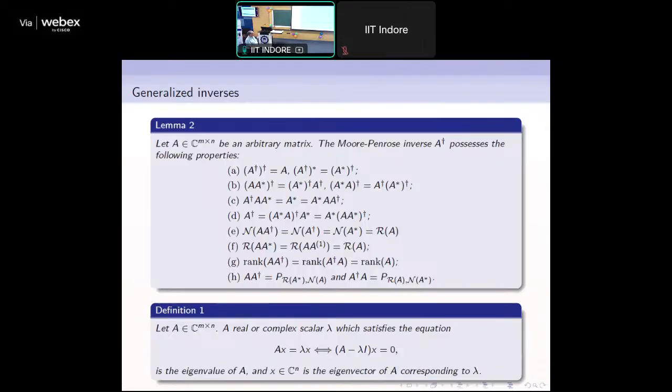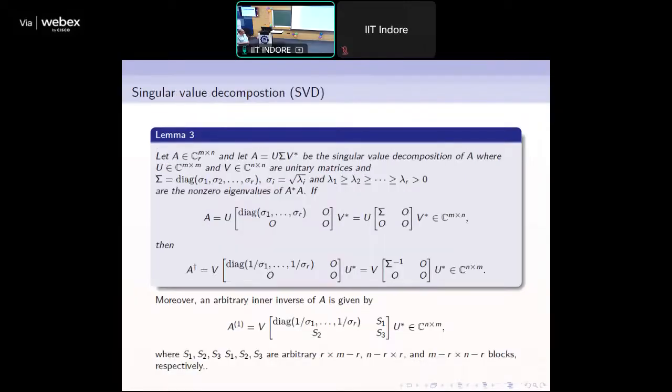Eigenvalues and eigenvectors are defined by these equations. About this, Professor Sapik will say much more. So here is only a short introduction, because we need in our representations of the inverses the definitions of eigenvalues and eigenvectors.